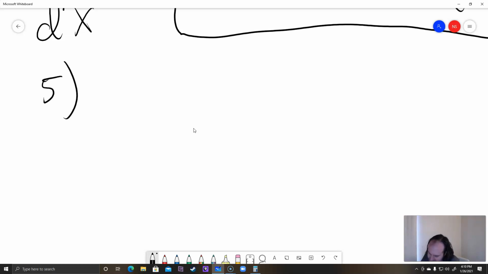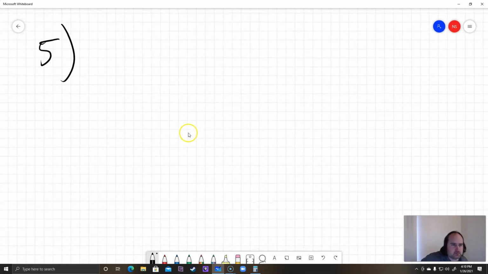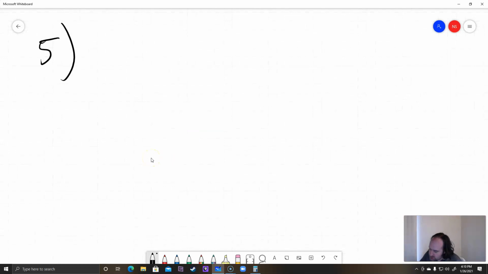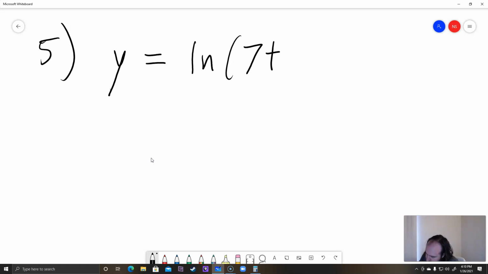For this one, we have y equals ln, so natural log, of 7t e to the 2t.